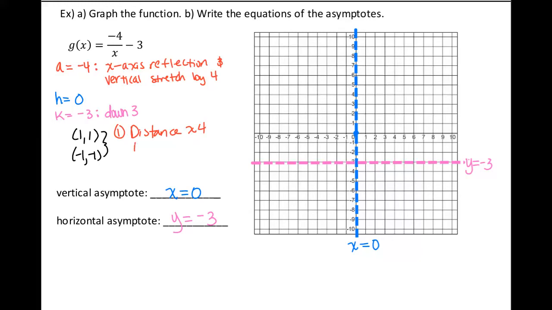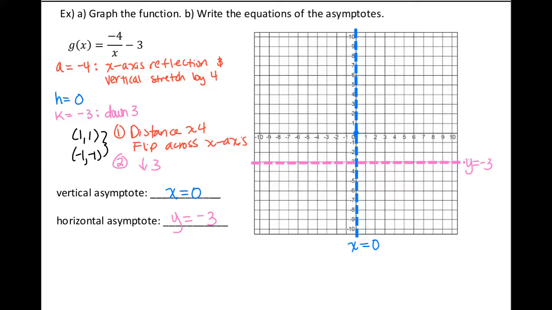And then you're going to flip across the x-axis. And then for step 2, you move it down 3. Okay, so first do the A's and then you do the H's and K's.